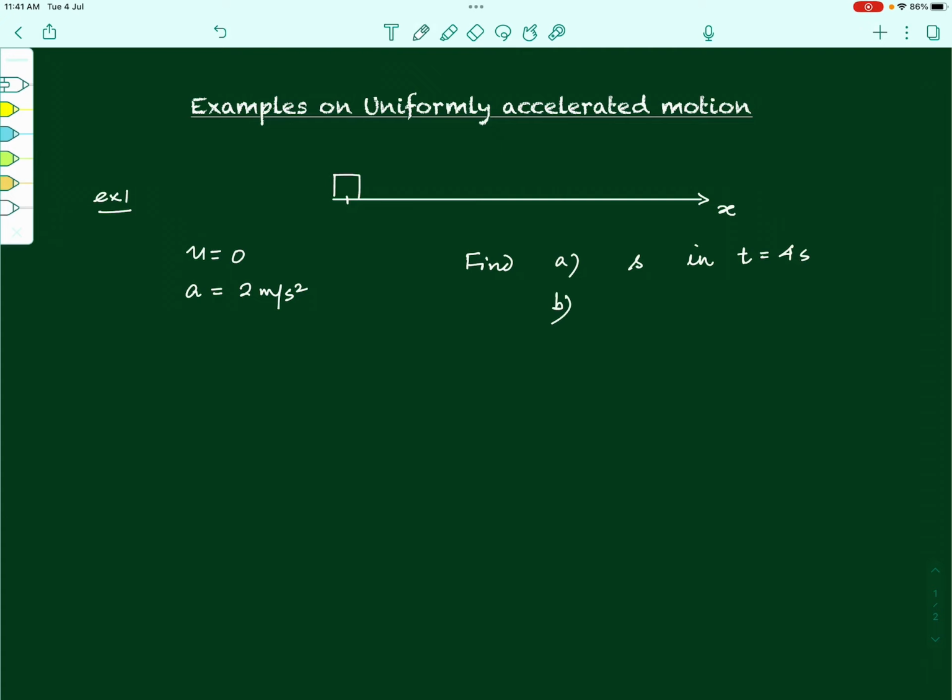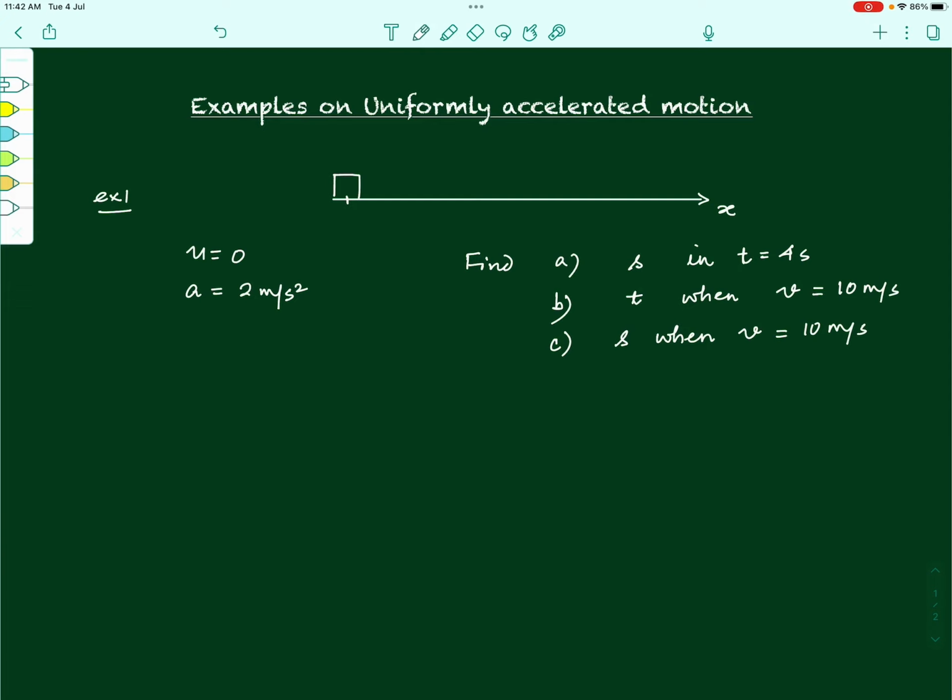The next is we are supposed to find out the time when the velocity of the body becomes equal to 10 meters per second. And the third part is find out the displacement of the body s when this velocity is acquired by the body, when v becomes equal to 10.